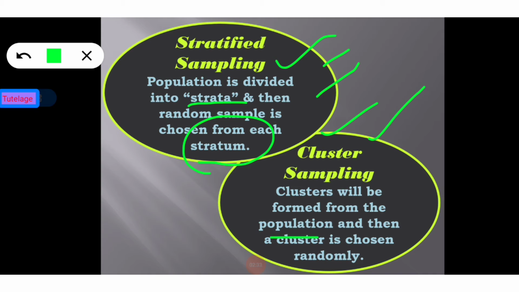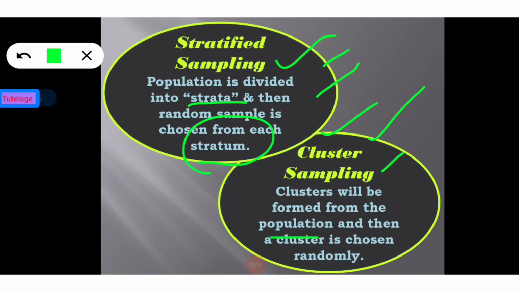A sample is chosen randomly from each stratum, and this process is known as stratified random sampling. When a total cluster is selected and all its units get selected, that is known as cluster sampling.